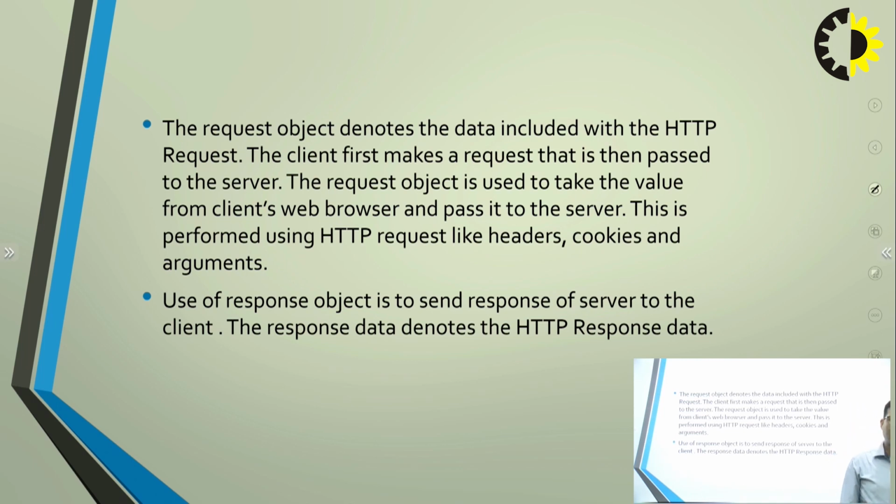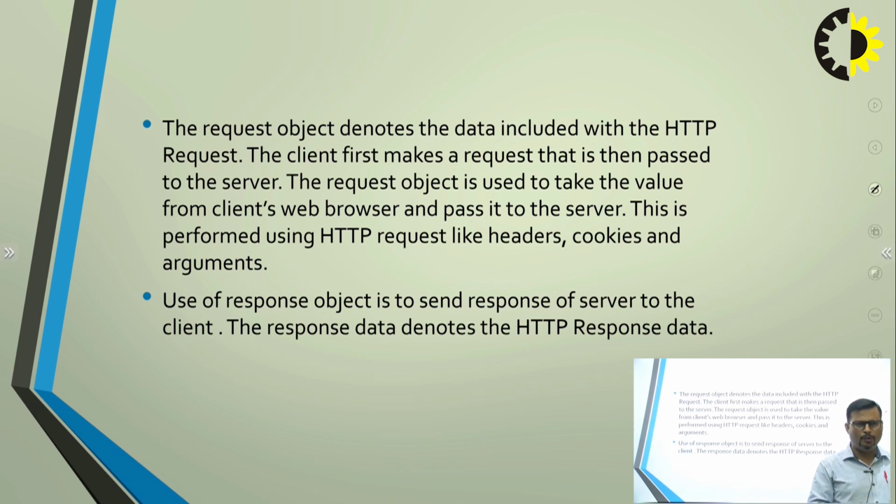Next, we can say that the request object denotes the data included with the HTTP request, and the client first makes a request which is then passed to the server. The request object is used to take the value from the client web browser and pass it to the server.